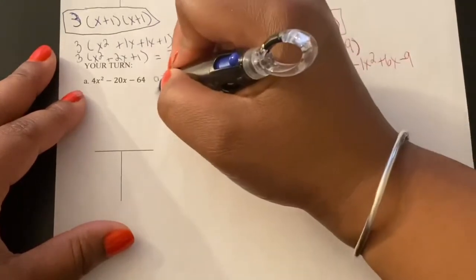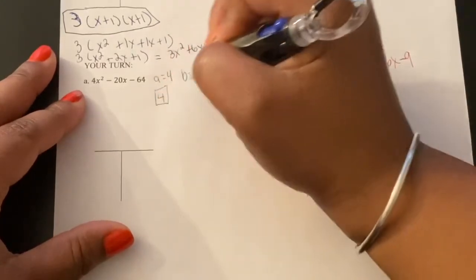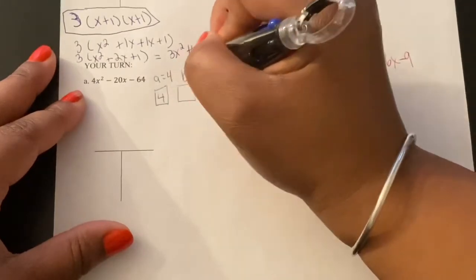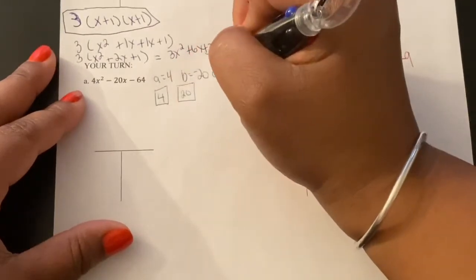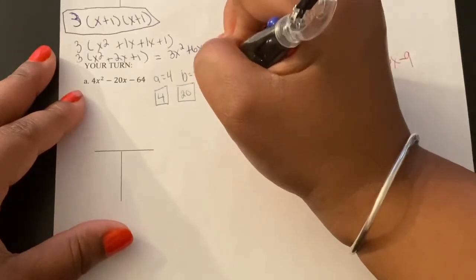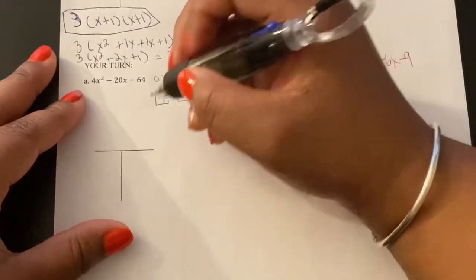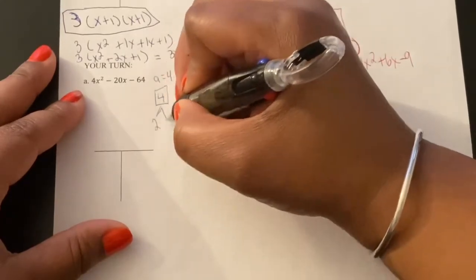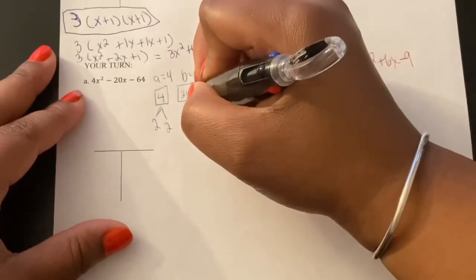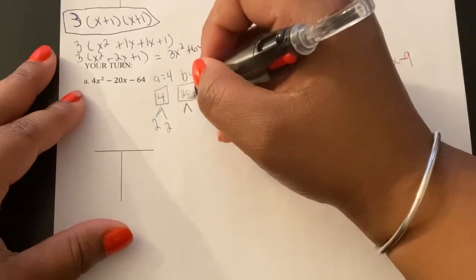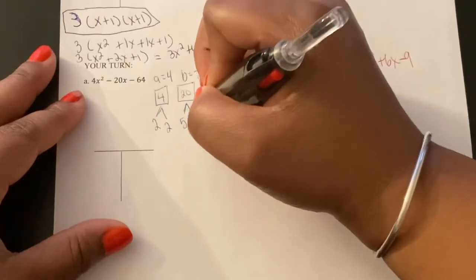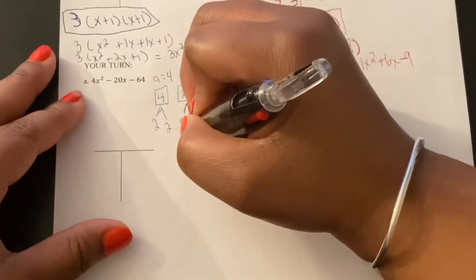We're going to use prime factorization. My largest prime factor of 4 is 2. My largest prime factor of 20 is going to be 5. 5 times 4 is 20. Break down 4 into 2 and 2.